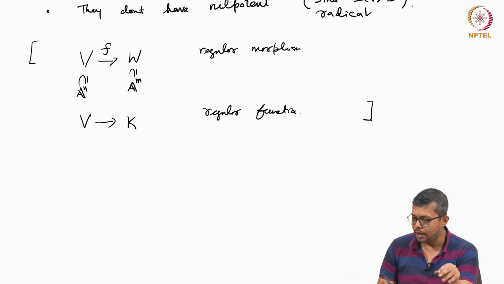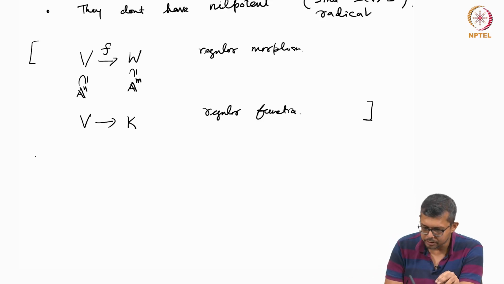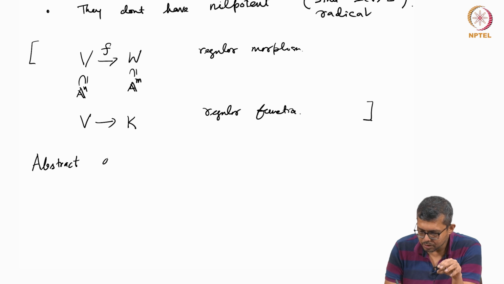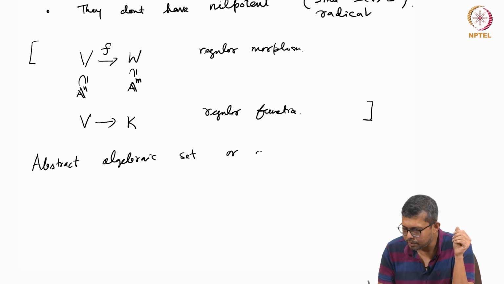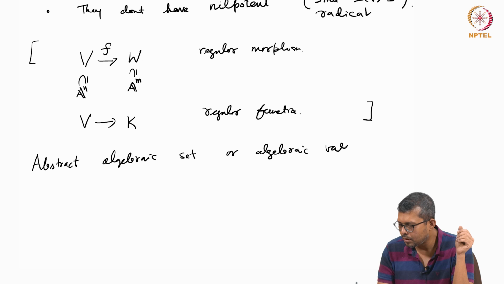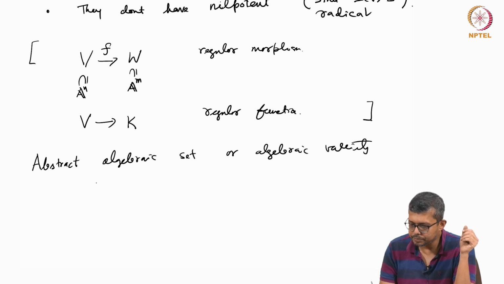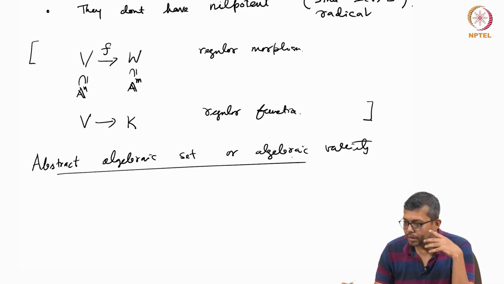So now abstract, so I will come to this definition. Abstract algebraic set or algebraic variety. Okay.